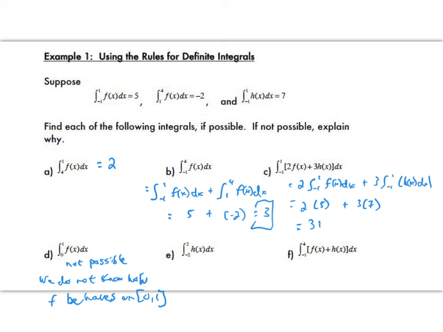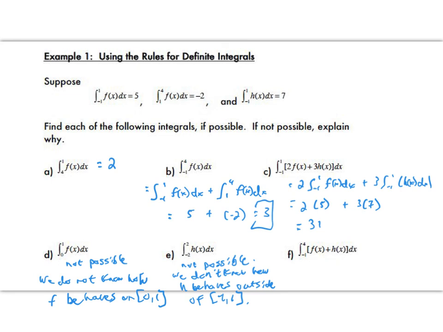We don't know how h behaves outside of the interval, so not possible. We don't know how h behaves outside of -1 to 1. We just don't know what that information is.